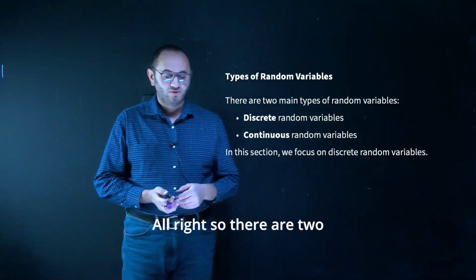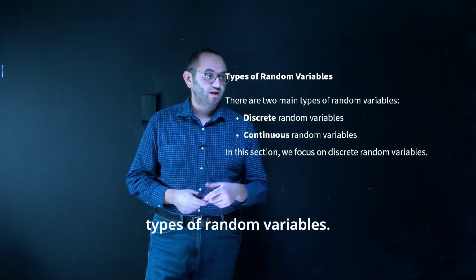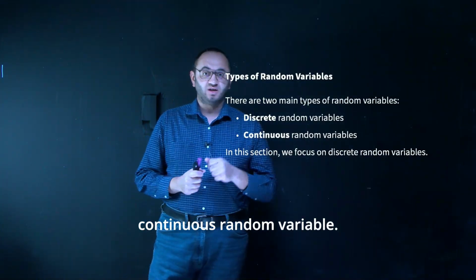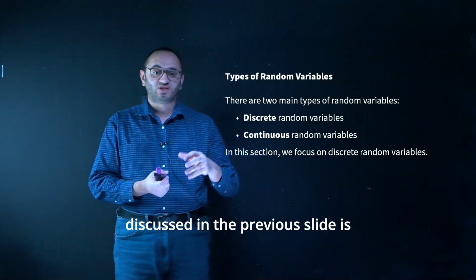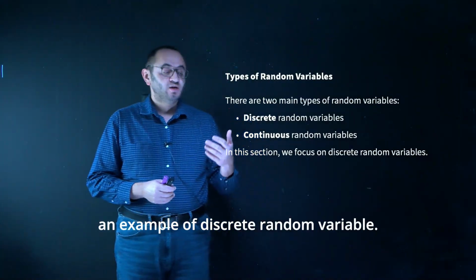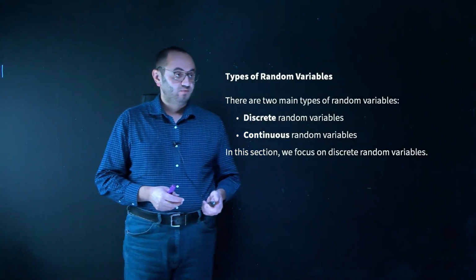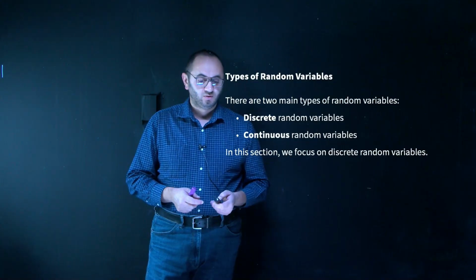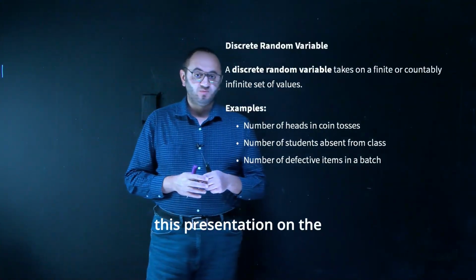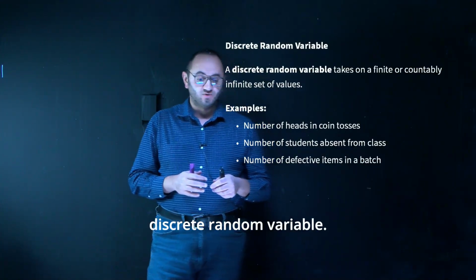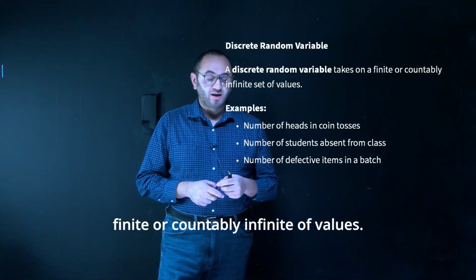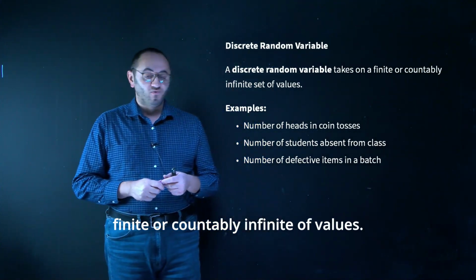There are 2 types of random variables: discrete random variable and continuous random variable. The example that we discussed in the previous slide is an example of discrete random variable. And we are going to focus in this presentation on the discrete random variable. A discrete random variable takes on a finite or countably infinite number of values.